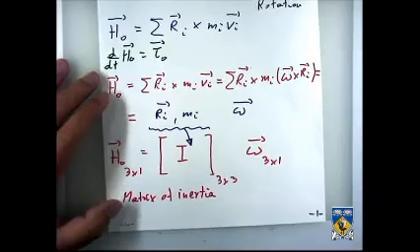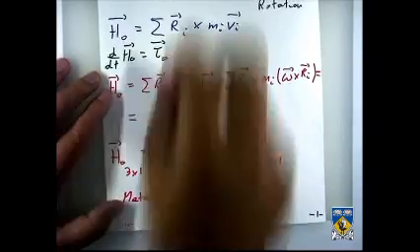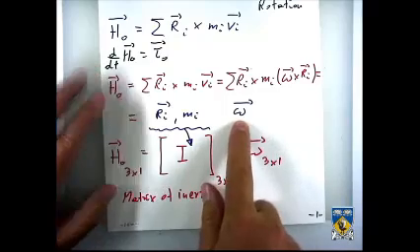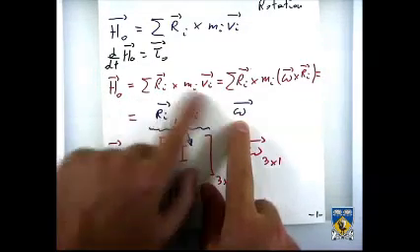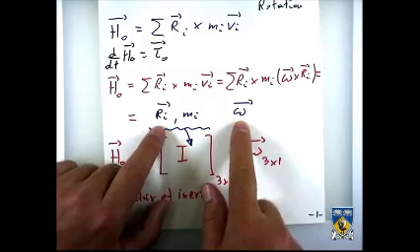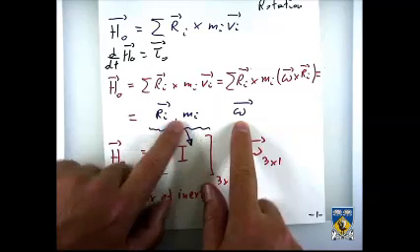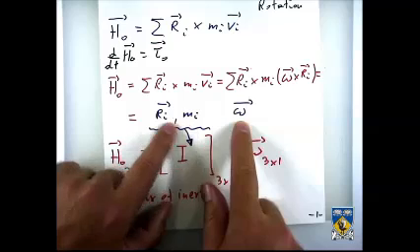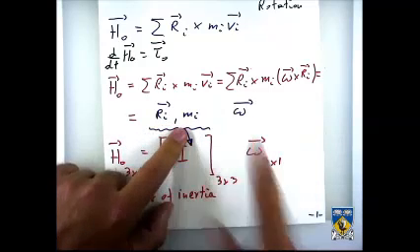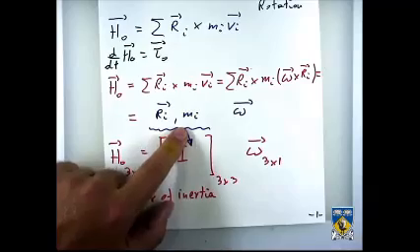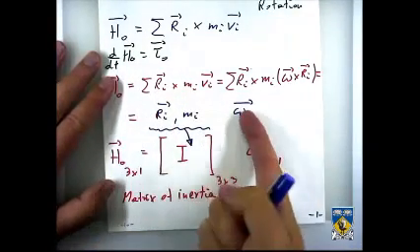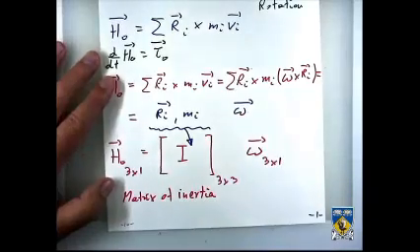Without any derivation of equations, we can see that we have a vector of angular velocity multiplied by something, here in blue, that depends on the distribution of masses and the radii on which these masses are placed. So this thing is a distribution of mass, and this is the vector of angular velocity.